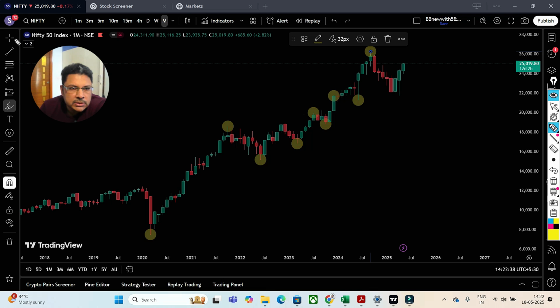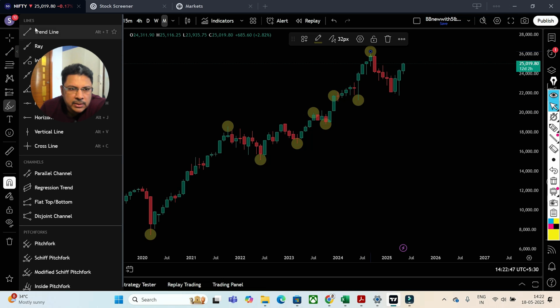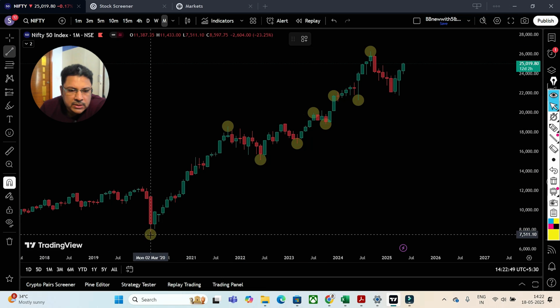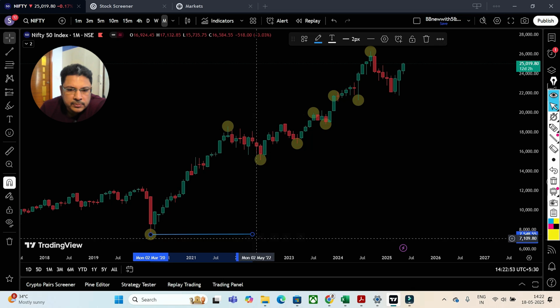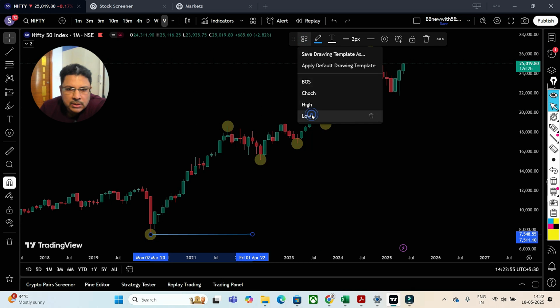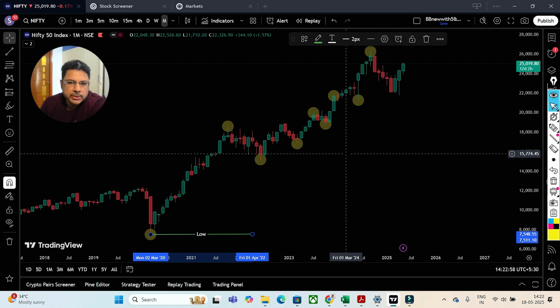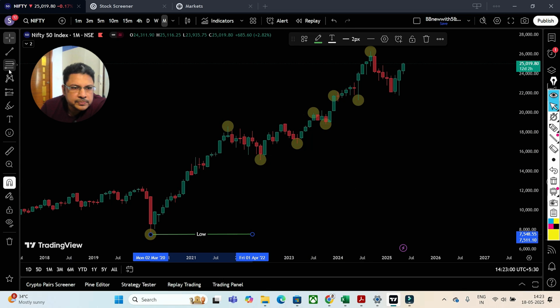Now let's start marking the zones which the market has made. For example, this was the point for me, so I'll mark this as my lowest point.